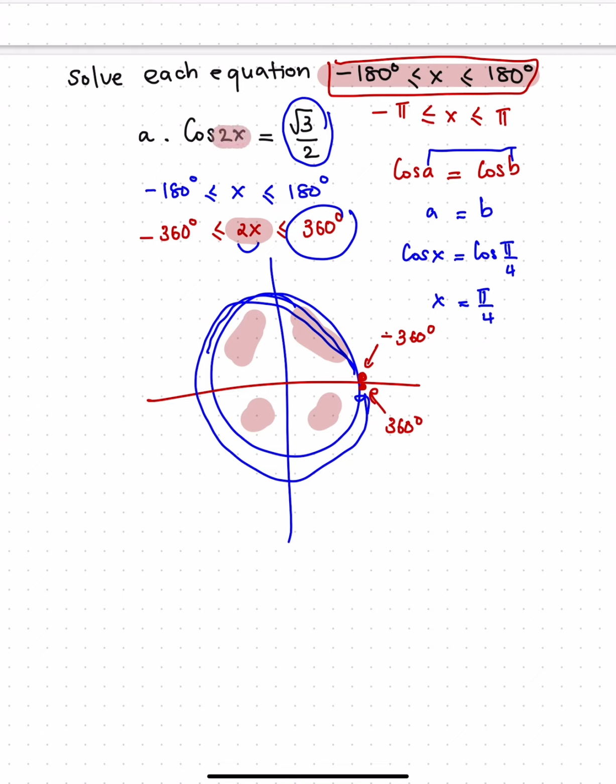Because here it is cosine 2x, so square root 3 over 2 must equal the cosine of an angle that stays in the 2x domain. So the angle for 2x is from the first, second, third, or fourth.